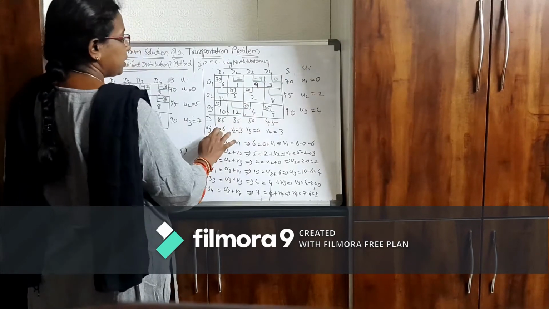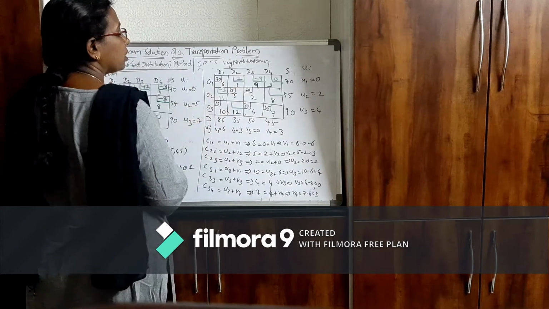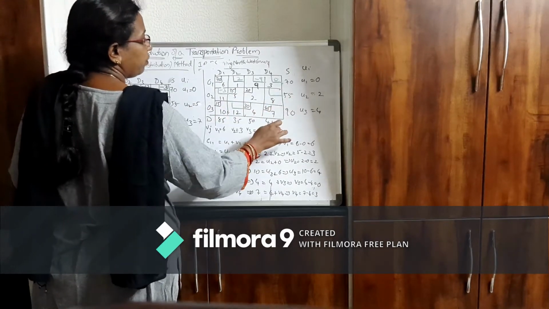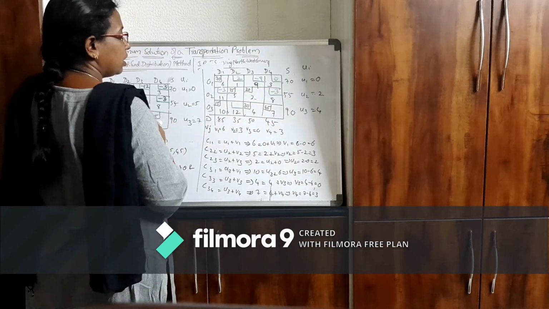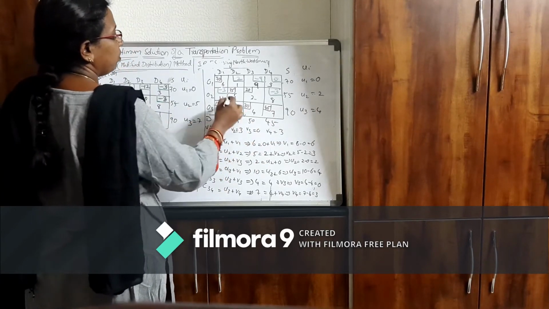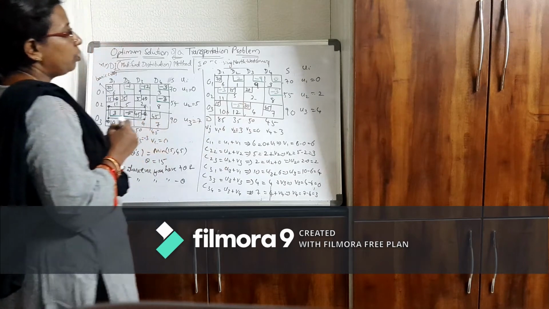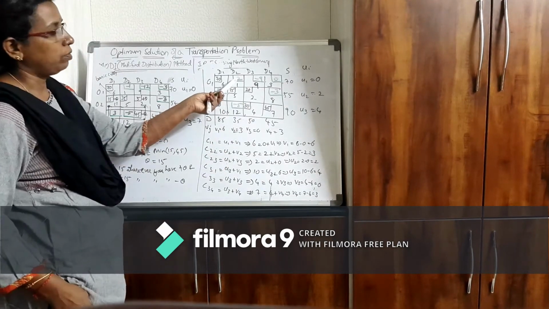Then 2 plus 6, 8. 8 minus 11, minus 3. 2 plus 3, 5. 5 minus 8, minus 3. 4 plus 3, 7. 7 minus 12, minus 5. You got all values less than or equal to 0 except one value here, which is 2.